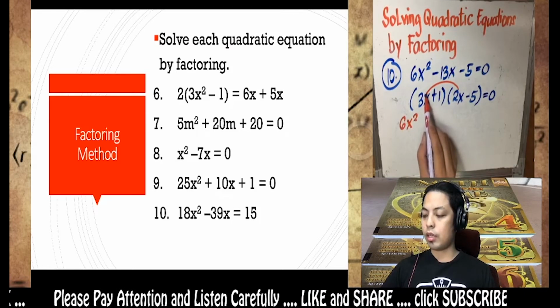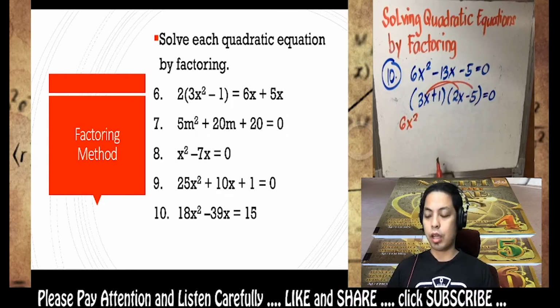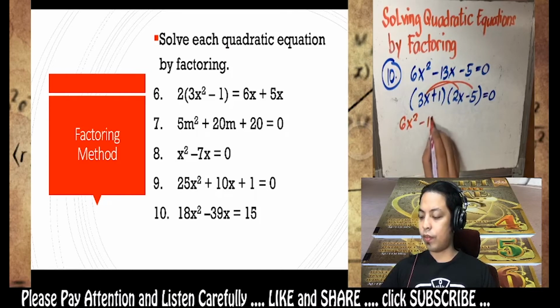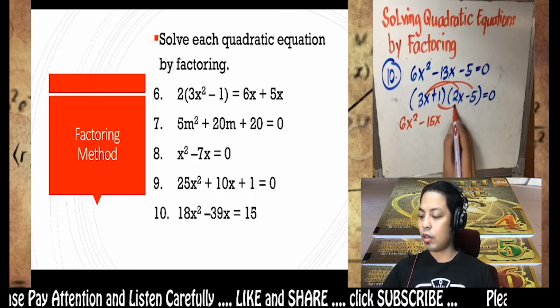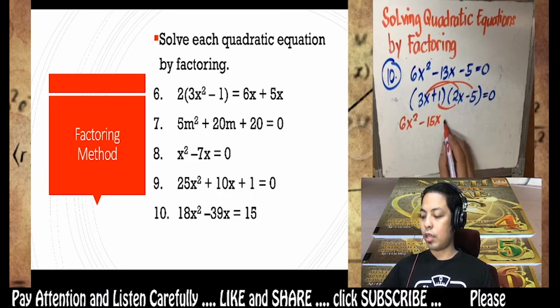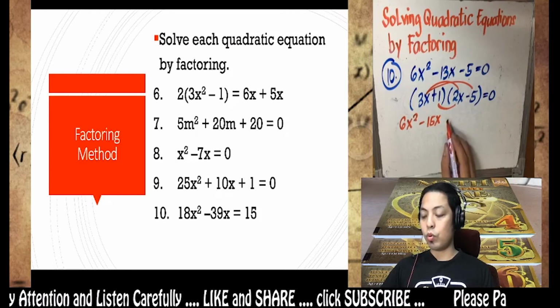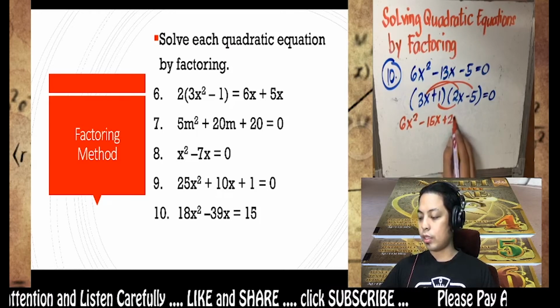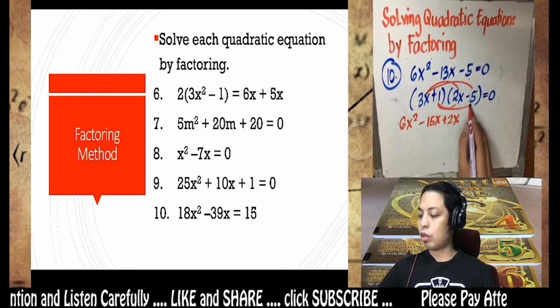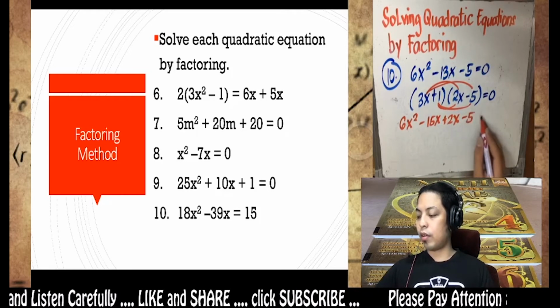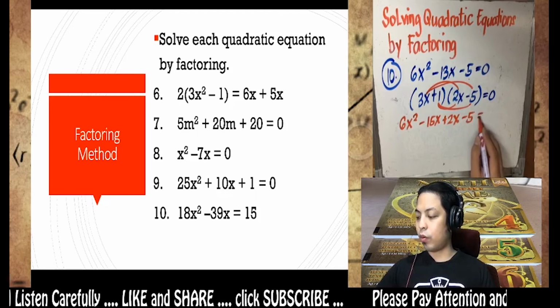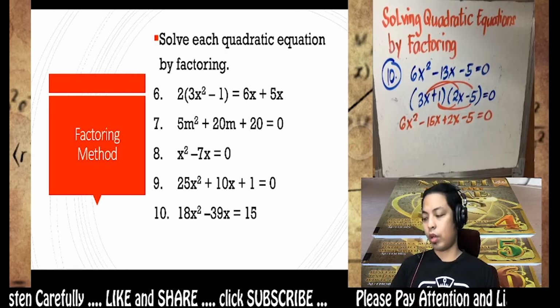And then 3x times negative 5 is negative 15x. And then the inner would be 1 times 2x is 2x. And then the outer is 1 times negative 5 is still negative 5. That would be equated to 0 or equal 0.